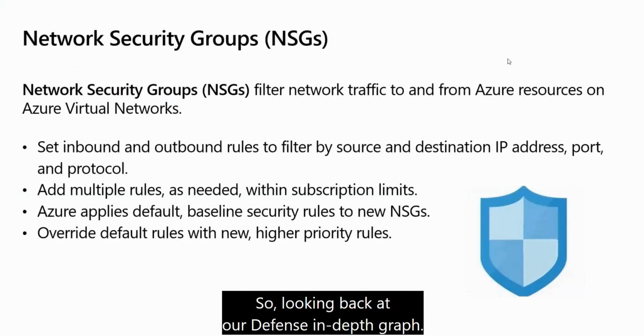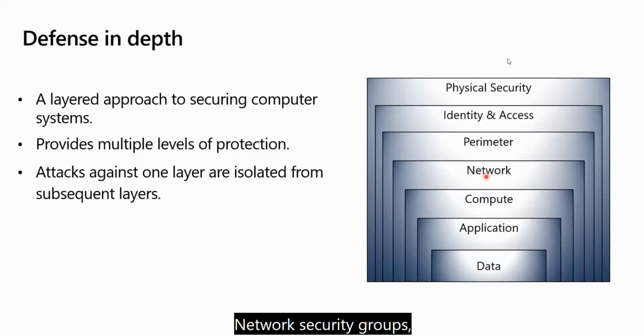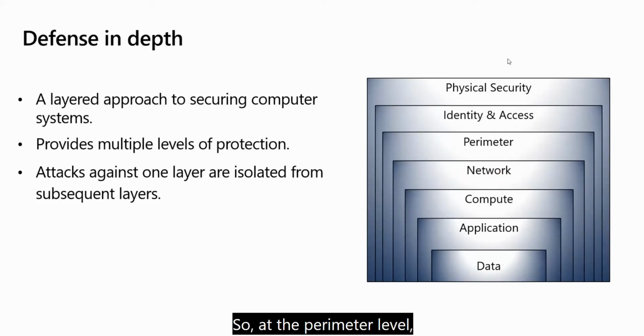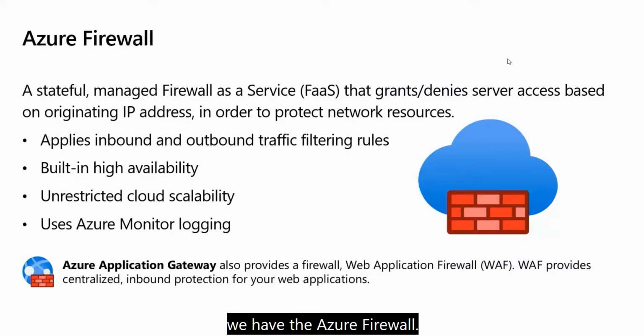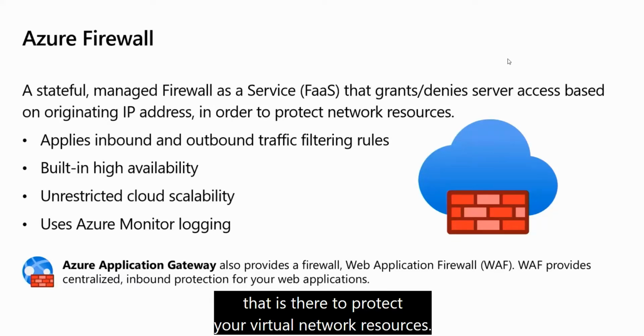So, looking back at our defense in depth graph, with network security groups, this is on the network level. Now we're moving up a level to the perimeter level. At the perimeter level, we have the Azure Firewall. Now, what this is, is a fully managed cloud-based network security service that is there to protect your virtual network resources.